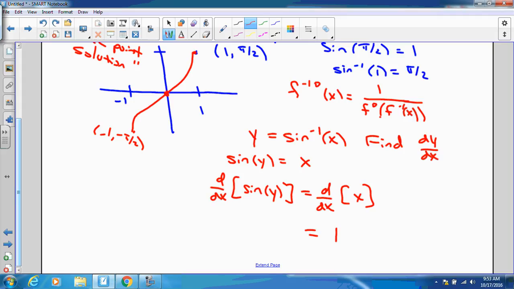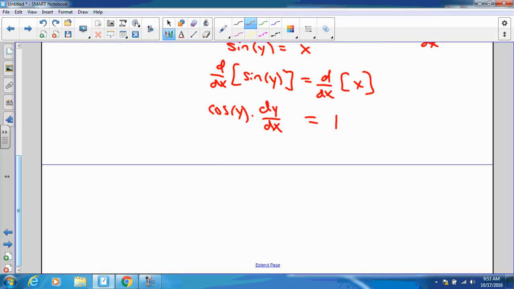And what is the derivative over here? Cosine y, and then dy dx. Yep, that's exactly it. And so therefore, I get this relationship, dy dx is equal to 1 over cosine y.